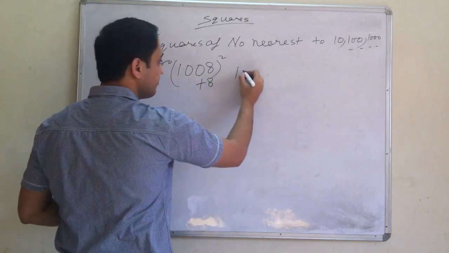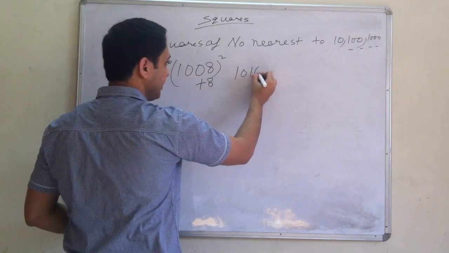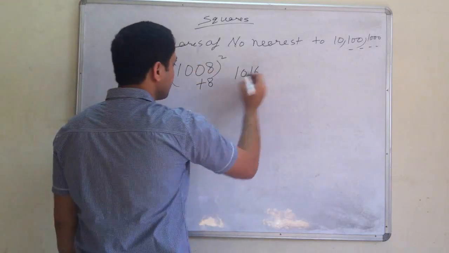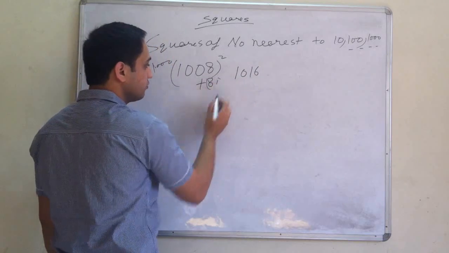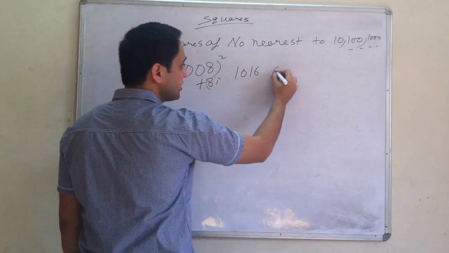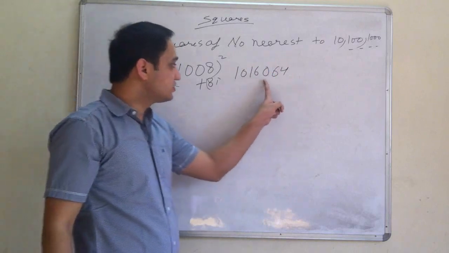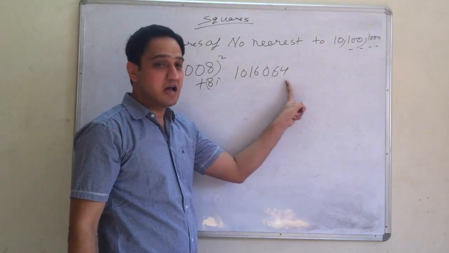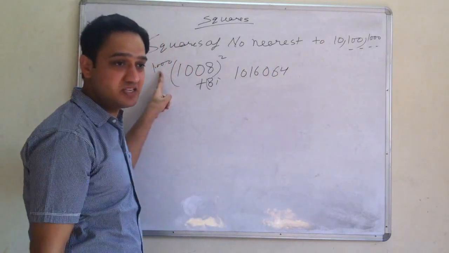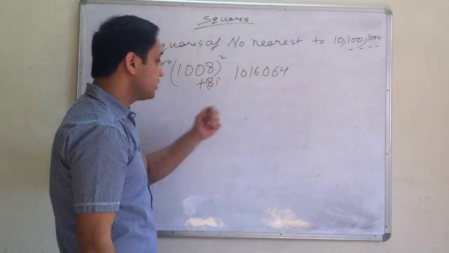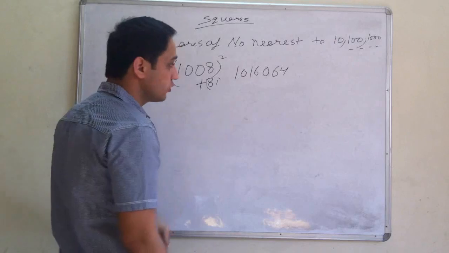So my answer will be 1016. I'll add 8 in this digit and the square of 8, which is 64. So 016064. I have taken 3 digits here because I have taken 1000 as a base, which represents 3 zeros. So this is the method through which we can solve this.